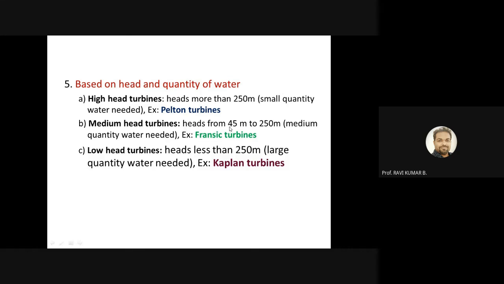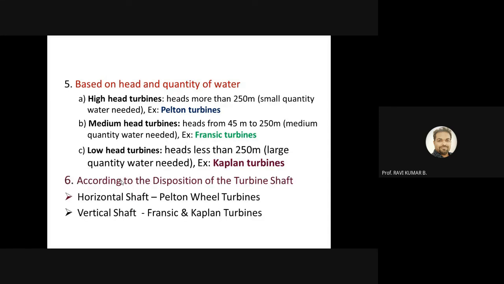Medium head, when head lies between 45 meters and 250 meters, is called medium head turbine. Example is Francis turbine. And low head turbine, where head is lower than 45 meters, where a larger quantity of water is needed. Example is Kaplan turbine. So these are the different parameters by which you can classify the types of turbines to be used.